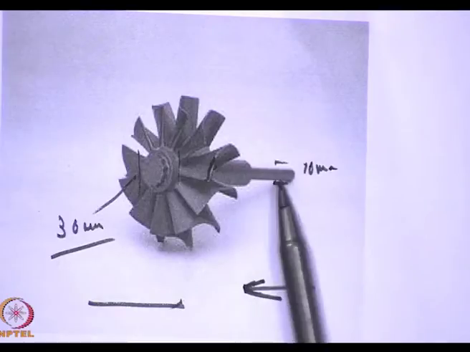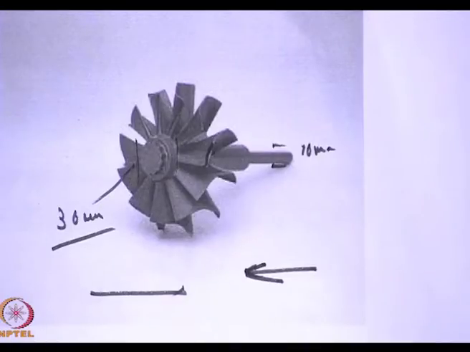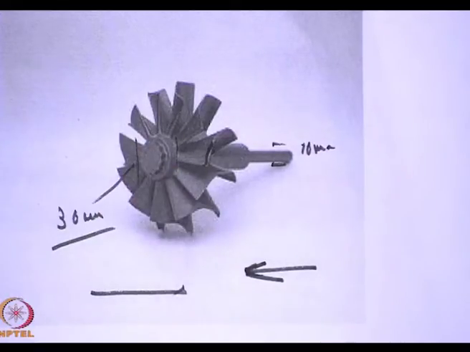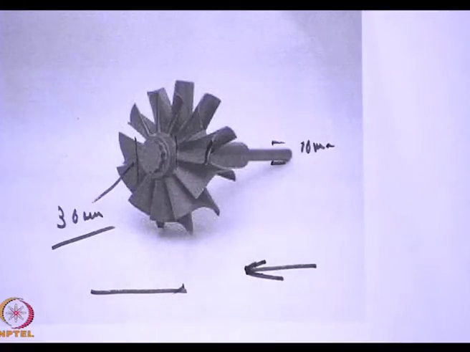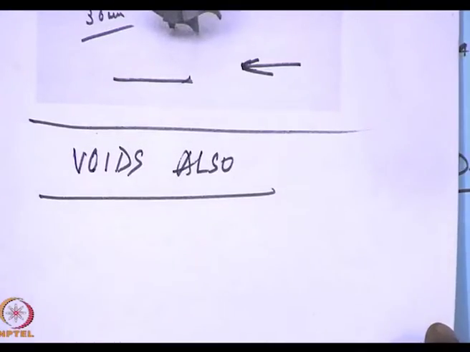The next one would be this shaft, and this end part would cool down the slowest. This variation in solidification rate causes a lot of gradient change, a lot of packing fraction change in the whole body. In fact, it is known to cause voids also due to differential cooling rates.